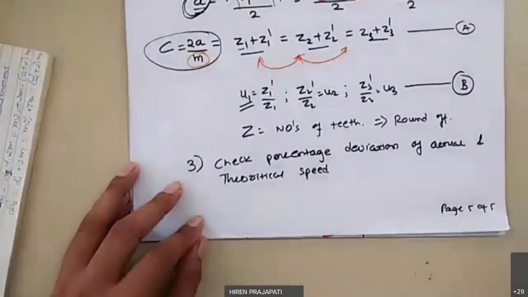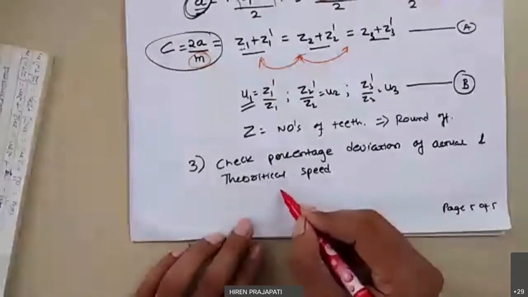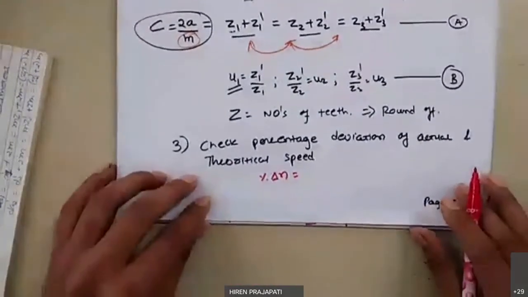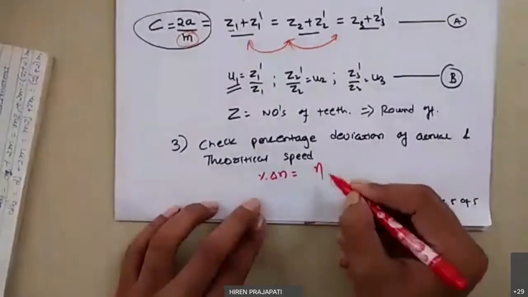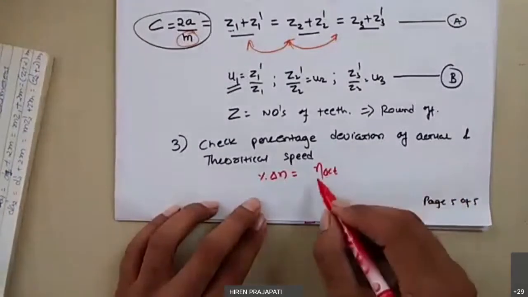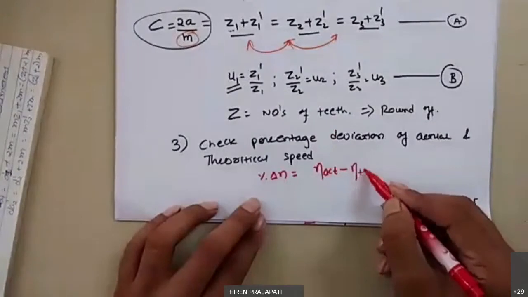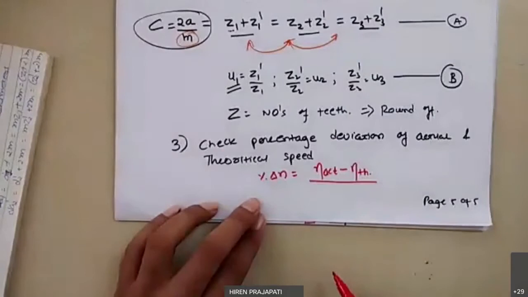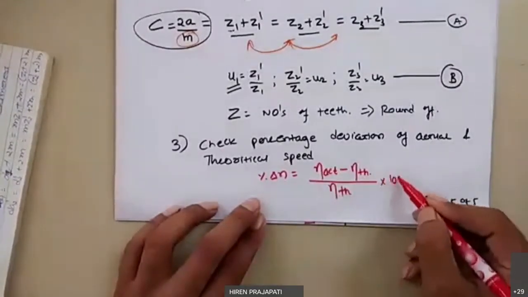And what is the permissible limit for that? The percentage change in speed, delta n, is equal to the actual speed which we get after round off, minus n theoretical which was decided at the design stage, divided by n theoretical, into 100.